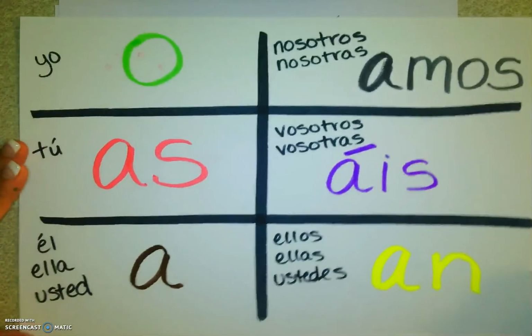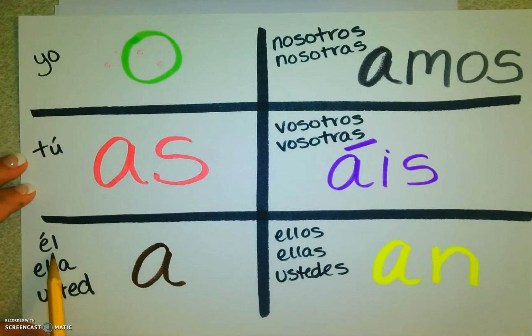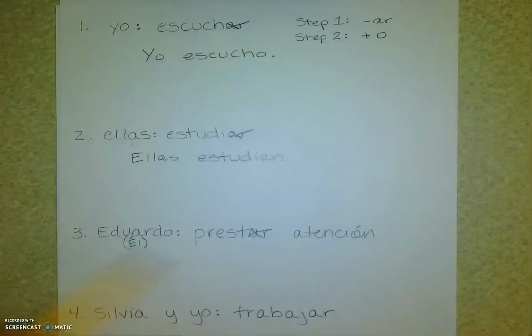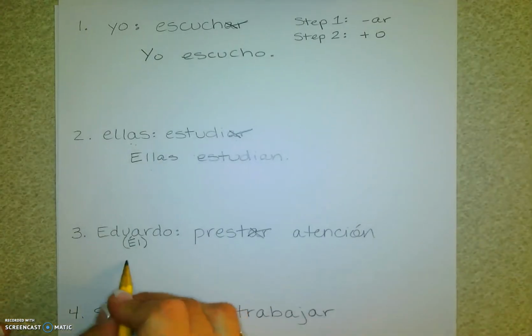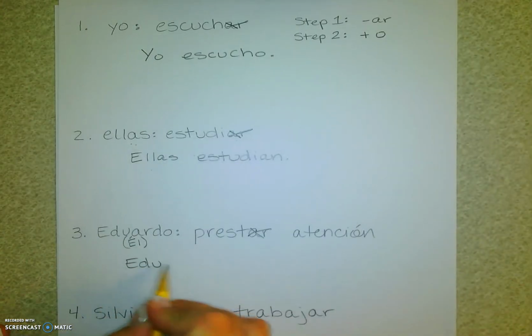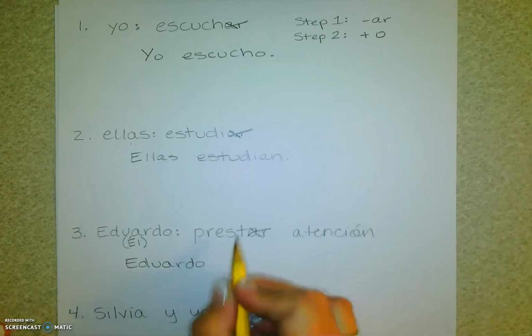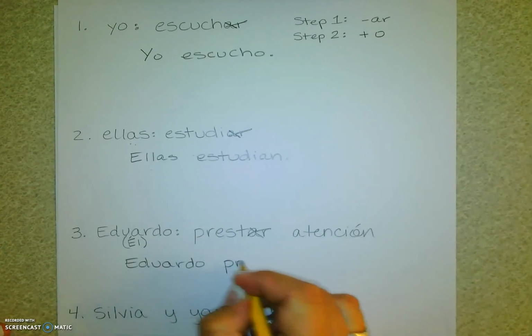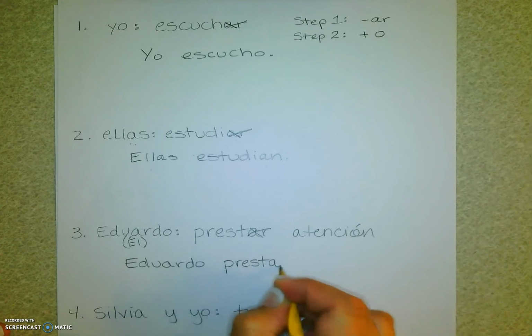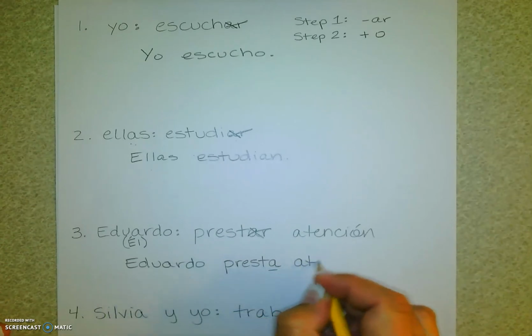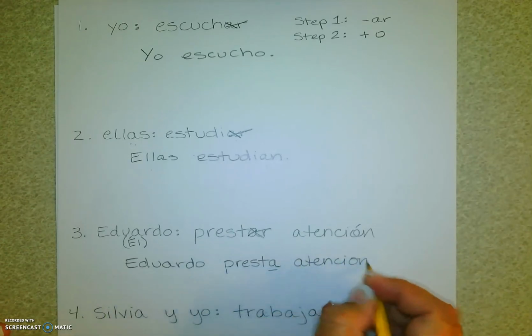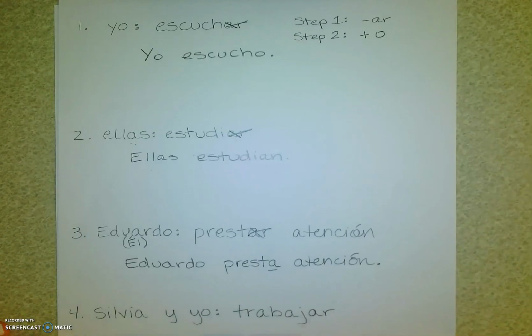He verbs, él verbs end in a. So we take our subject, Eduardo, we take our stem and add a to the end of it, and now we have Eduardo presta atención. Eduardo pays attention.